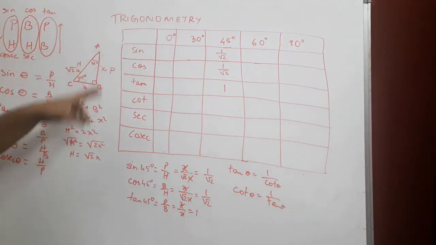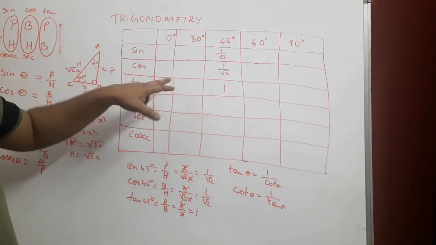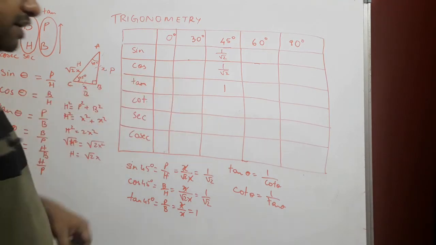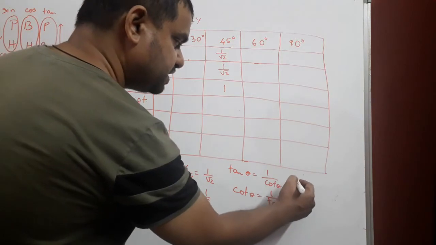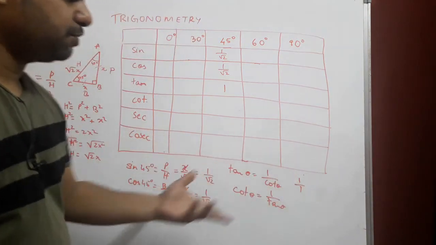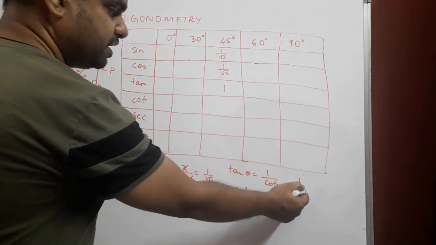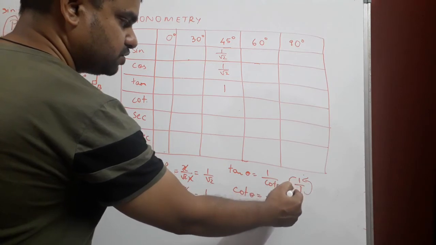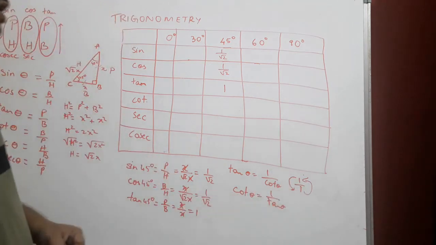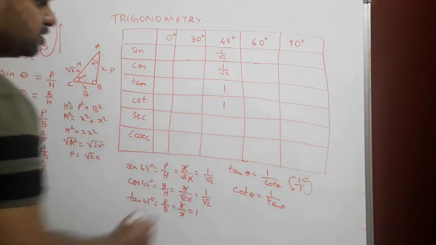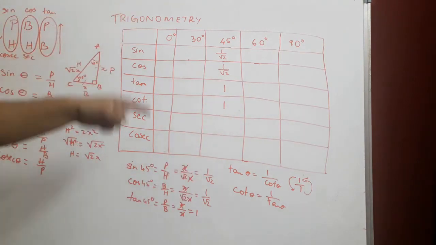So if tan is 1, which means tan is nothing but 1 upon 1, and we take the reciprocal, that means we bring the denominator to the numerator and the numerator down to the denominator, we will still get 1 upon 1. We don't write 1 upon 1, we just write it as 1. So that means cot of 45 degrees is also 1.